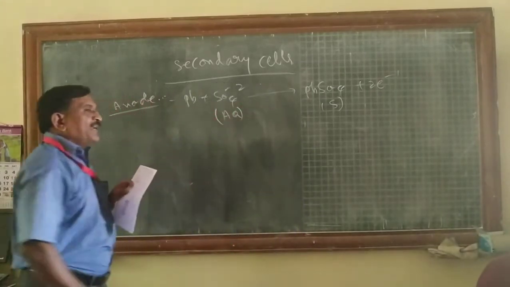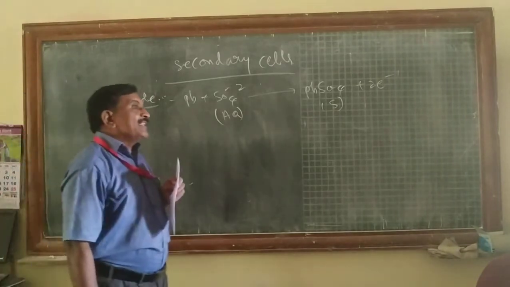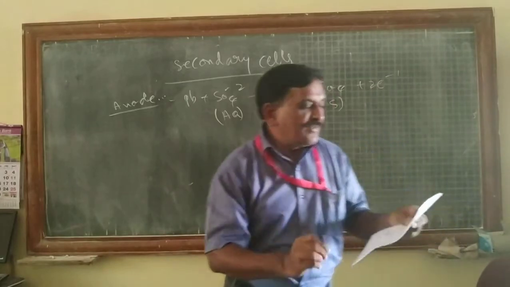Usually the lead storage batteries use a lead rod, the lead metal, as well as 38% sulfuric acid.